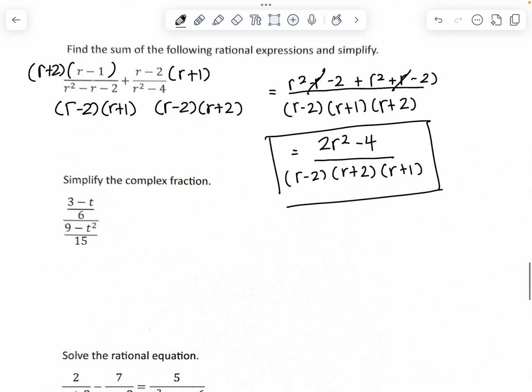Okay, so this is the same as if I were dividing two rational expressions. We just put them on top of each other instead of putting a divide symbol between them. So this is 3 minus t over 6 times 15 over 9 minus t squared.